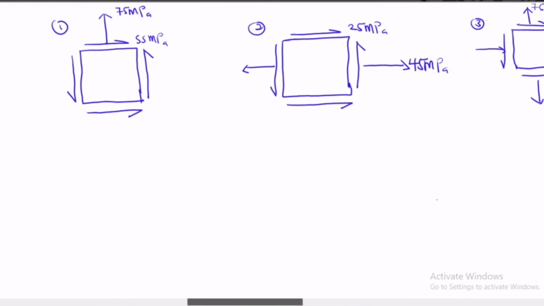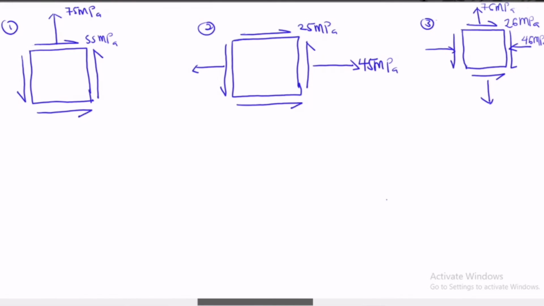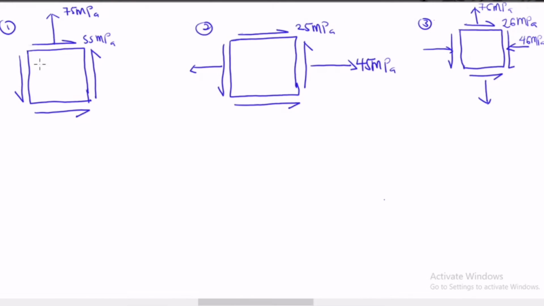So I have this example here. In example 1, you are supposed to determine the stress in the x and y direction acting on these rotated elements, and also find the shear stress in the x and y direction. So for question number 1, let's find the x and y stresses. The x stress is not given to us, so it is 0 megapascal.